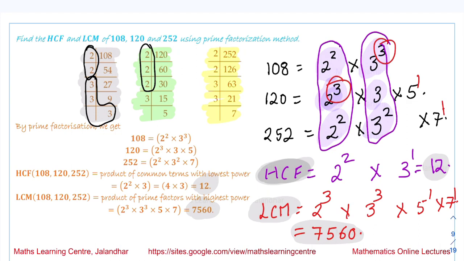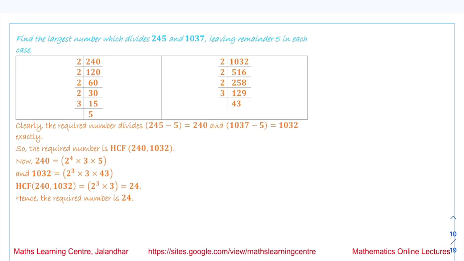Next question is: find the largest number which divides 245 and 1037, leaving remainder 5 in each case. Suppose the number we are talking about is B. If we divide 245 by B, we will have some quotient Q, and the remainder is 5.